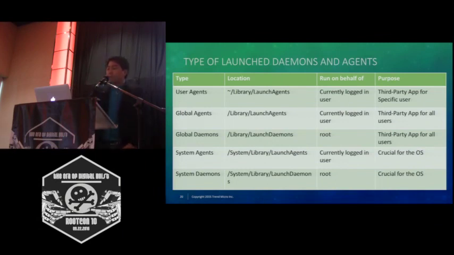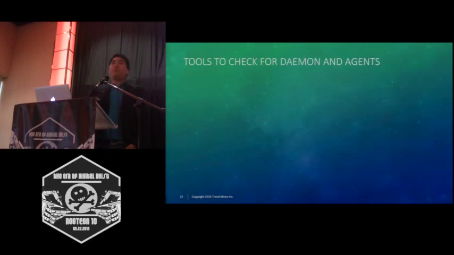Unlike Windows, where there are a lot of tools you could use if you want to monitor or check your services, like the built-in services.msc, or other tools like Autoruns, in Mac there are just a few. You could use a command line based tool, which is launchctl, and it's built in.